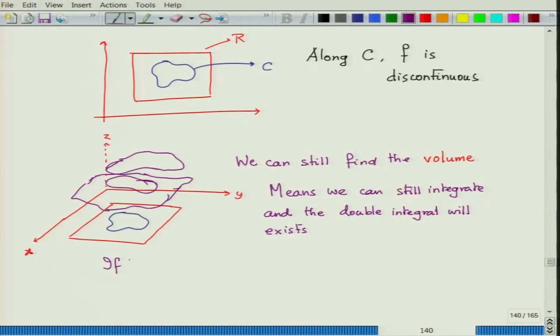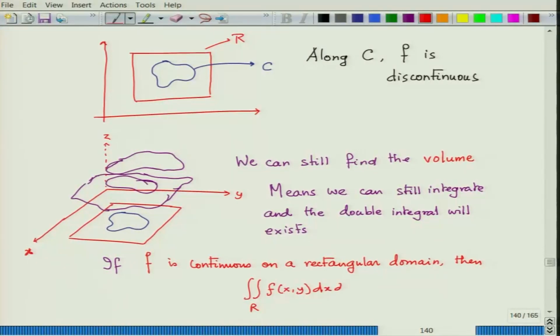If f is continuous on a rectangular zone, or rectangular domain, then this integral of f(x, y) dx dy exists finitely. Actually, exists means exists finitely.